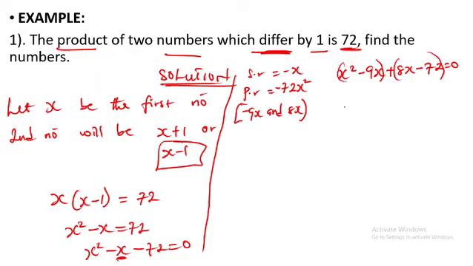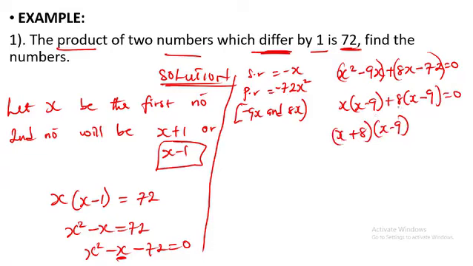Therefore, what's common in the first bracket? x is common. We have x minus 9. What is common in the second bracket? 8 is common, right? We have x minus 9 to be equal to 0. So we have x plus 8 into x minus 9.